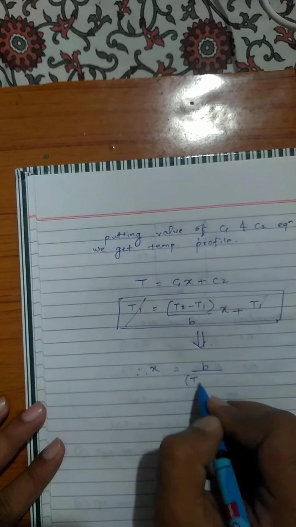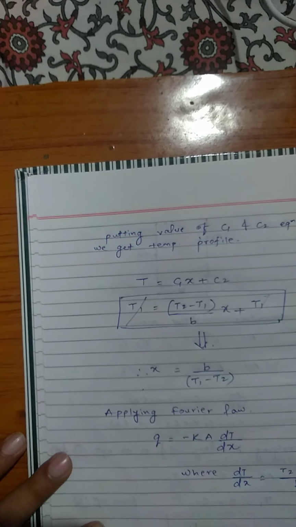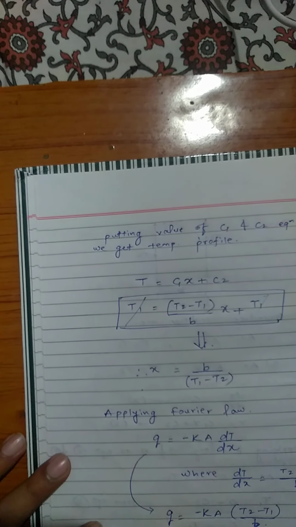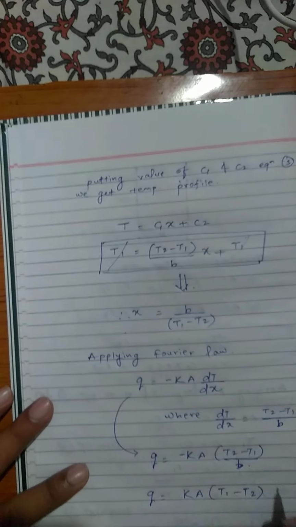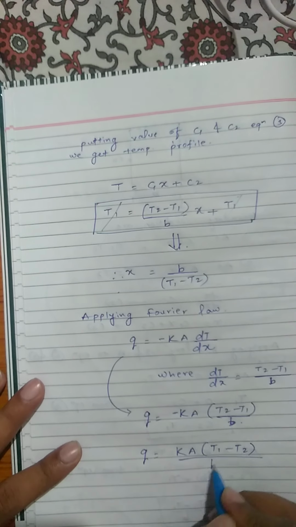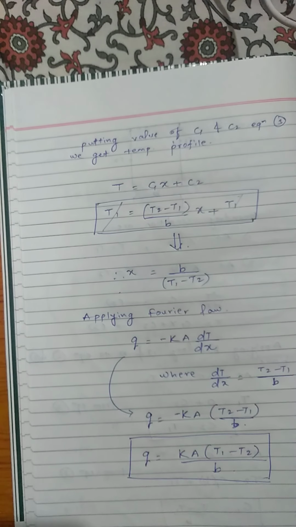And recently we found the value of dT by dx as T2 minus T1 upon B. So putting this in, Q equal to minus KA (T2 minus T1) upon B. This negative sign will go inside: Q equal to KA (T1 minus T2) upon B. So this will be the final heat transfer rate in the case of a slab.